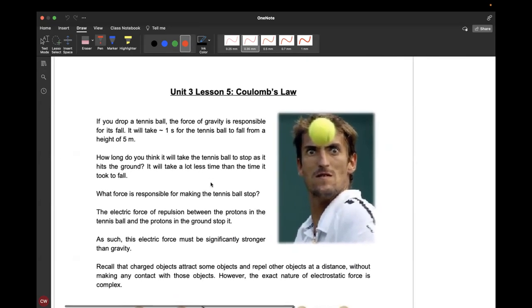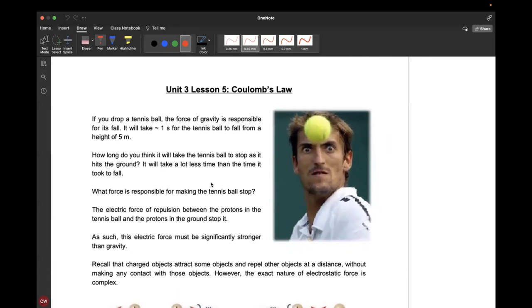Coulomb's law. Okay, lesson 5, Coulomb's law.